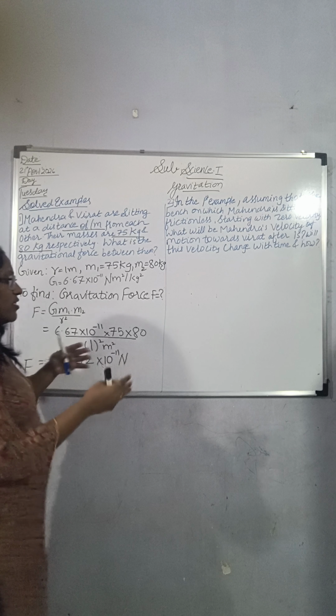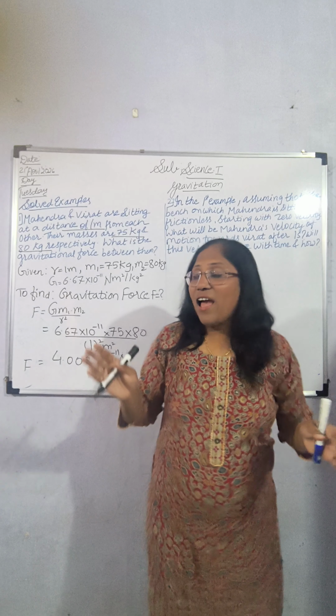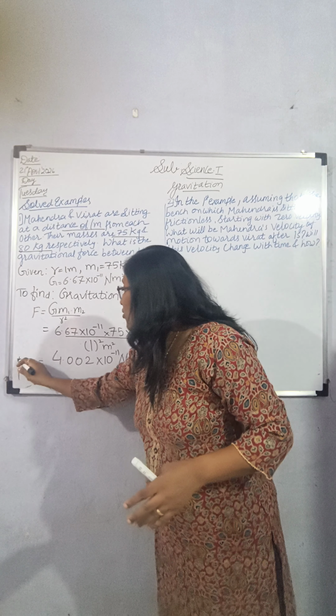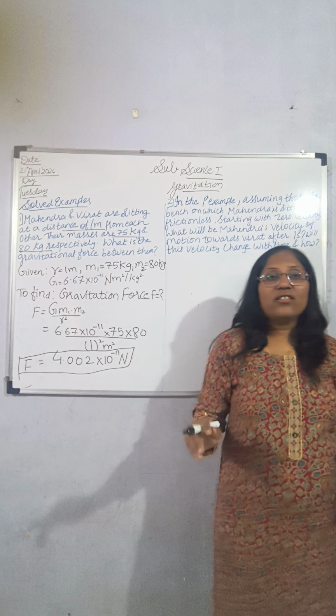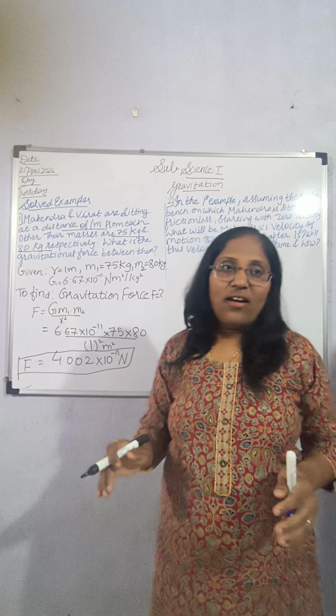So all of this is going to be cancelled and force is going to be written in Newton only. So this is the first solved example which is given in the book.